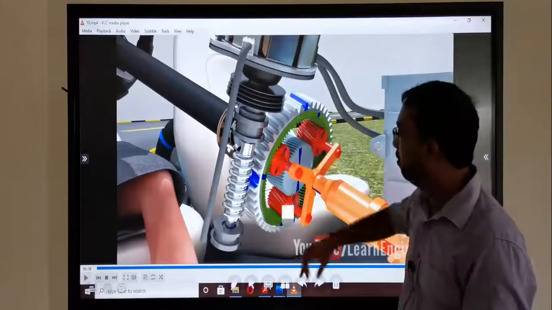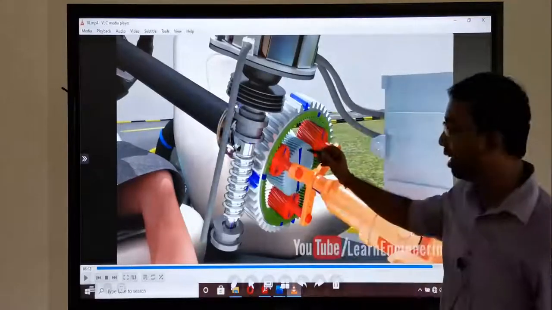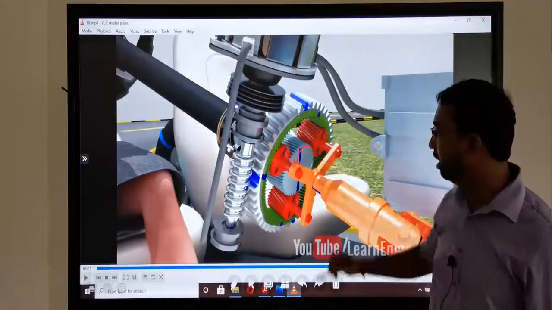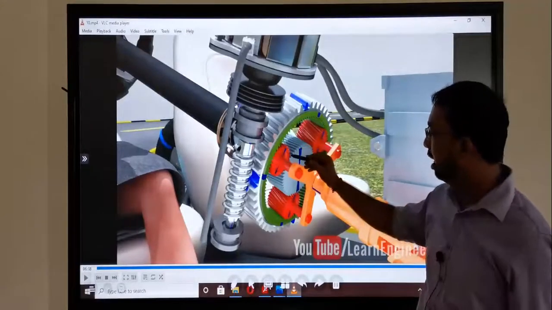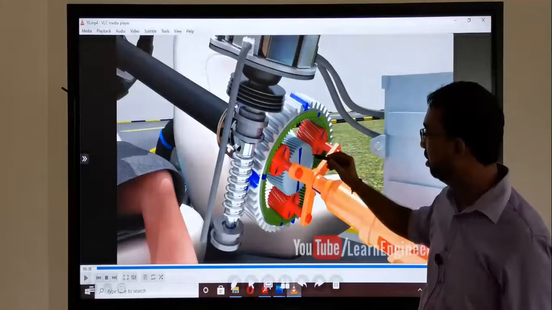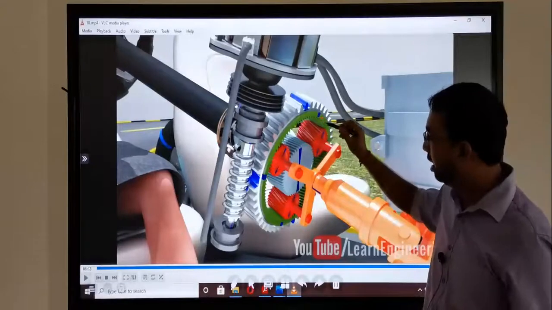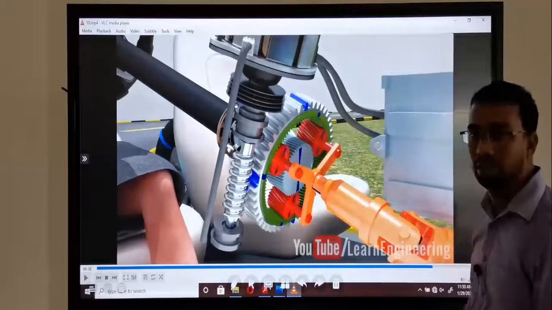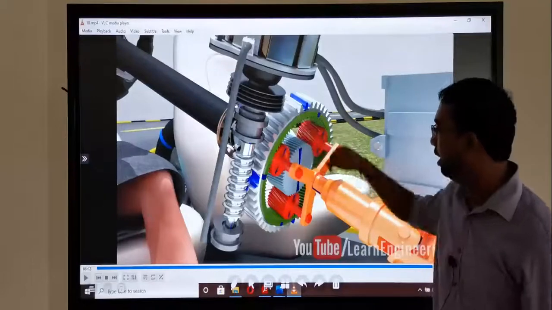Here when the steering shaft rotates, what happened? The sun gear is directly connected with the steering shaft, so the sun gear also rotates. At that time the planetary gear moves onto the grooves of the sun gear and the ring gear. It can move onto the sun gear grooves and ring gear grooves.